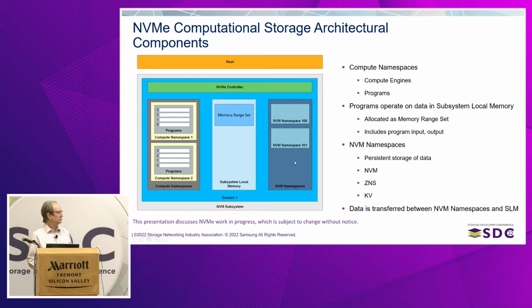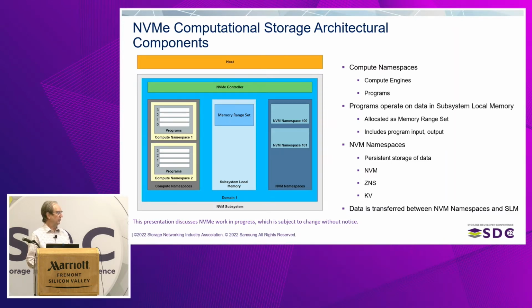The NVM namespaces, this is where you have persistent storage of data. There are currently 3 different types of NVM namespaces defined. There is NVM, which is the traditional flash memory type namespace. It's a logical block addressed namespace. You have ZNS, which is the zone namespace, which builds on top of the NVM namespace, and it has zones within that block storage.